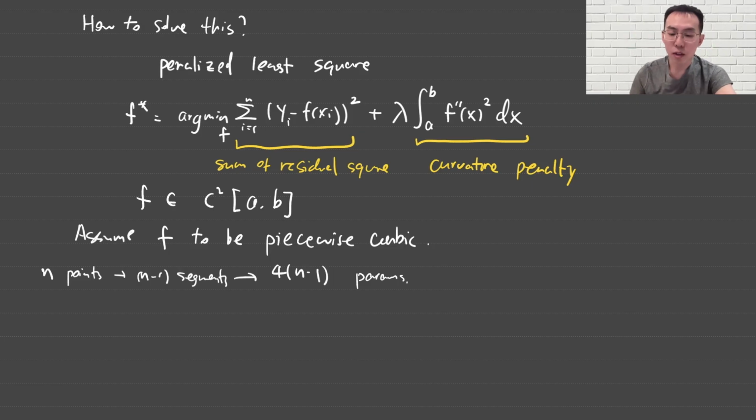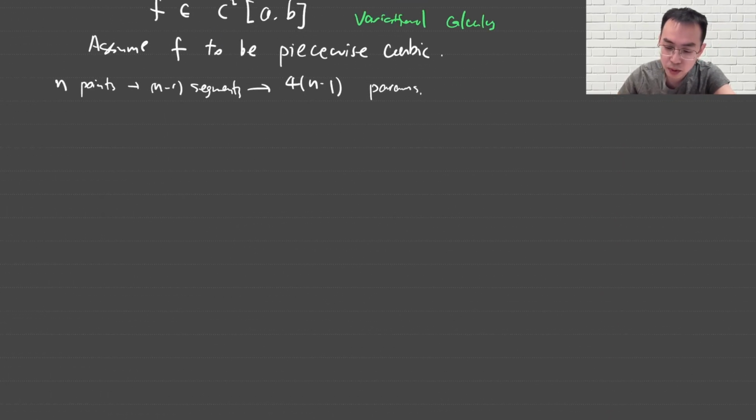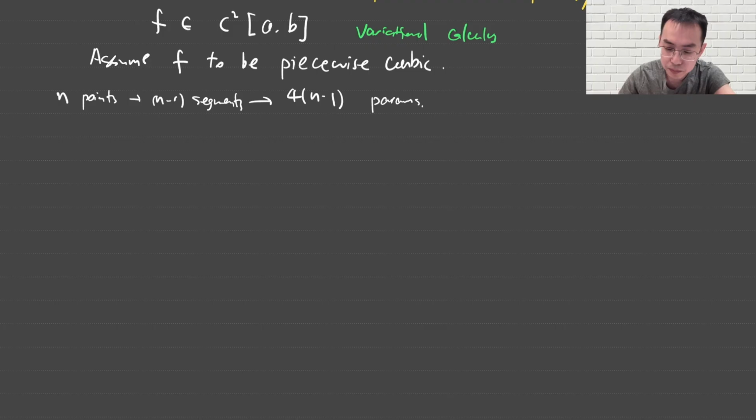However, I must emphasize, or just give you a spoiler: f can actually be solved directly from variational calculus. This is something we're going to do in the future, and it turns out the best result from variational calculus is just the piecewise cubic function. So we are not missing anything here. But in this particular video, let's just assume it to be a piecewise cubic function.